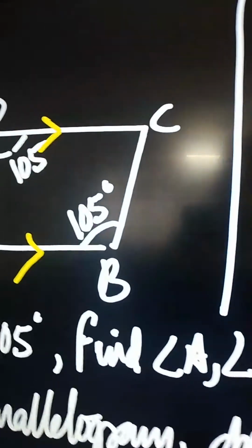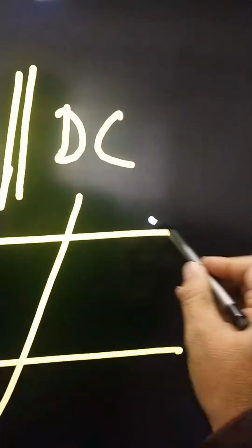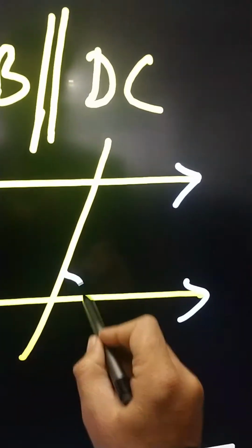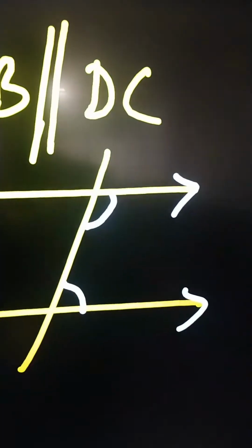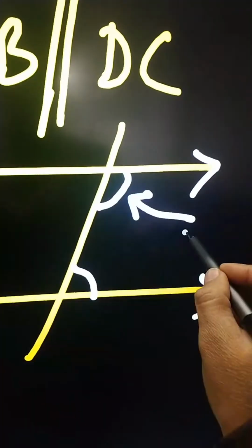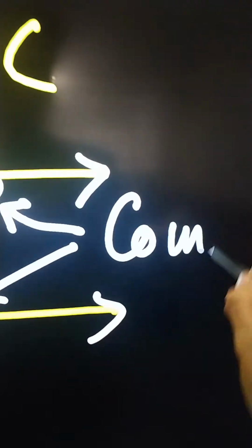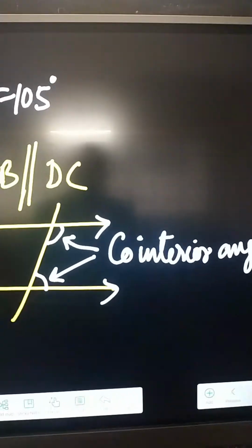So angle A and angle D, these two angles, if I make two lines parallel, what type of angles are they? They are called co-interior angles.